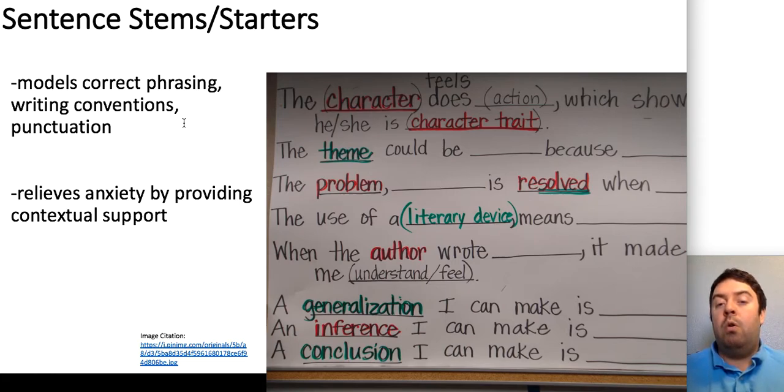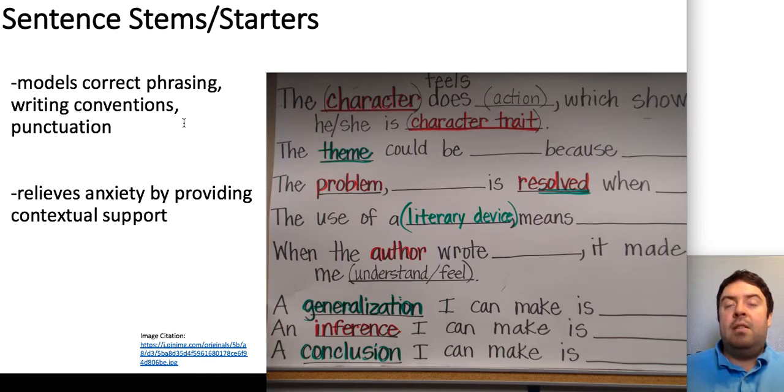So the word order in an English sentence and the parts of speech. And because it provides so much contextual support, it also relieves anxiety for students. So they don't feel like they have to do as much on their own. They have that kind of hint or that clue to get them started, and then that helps facilitate their expression.